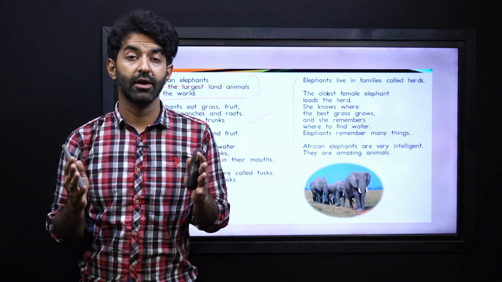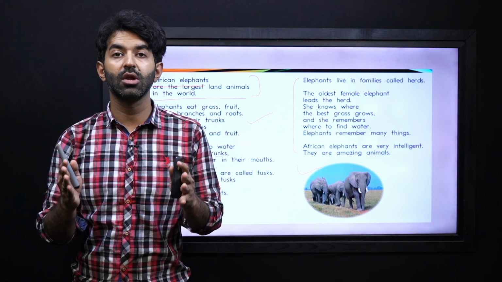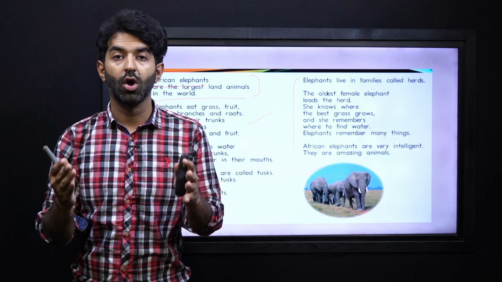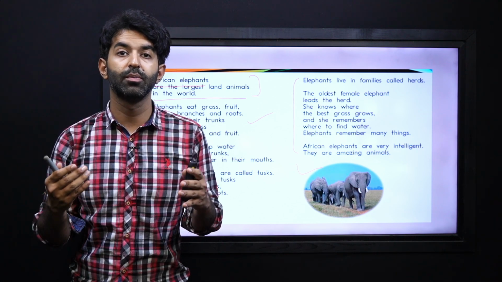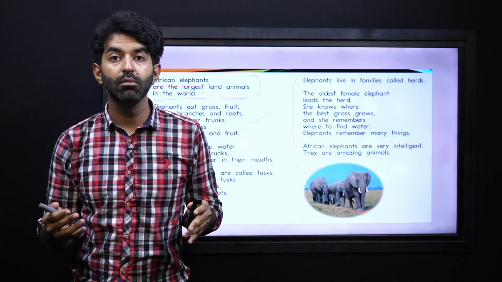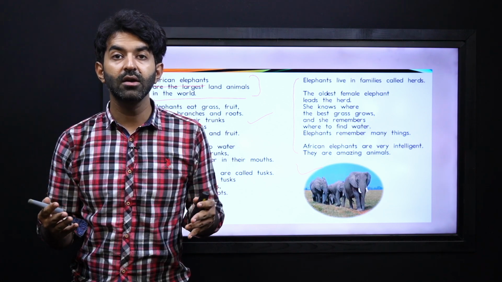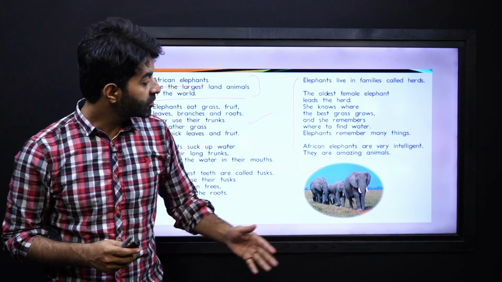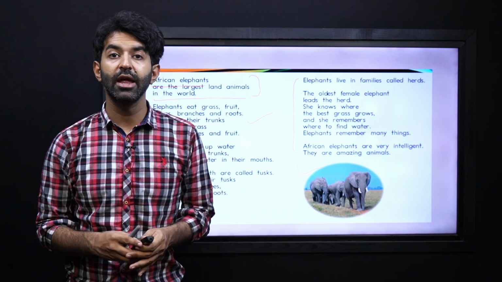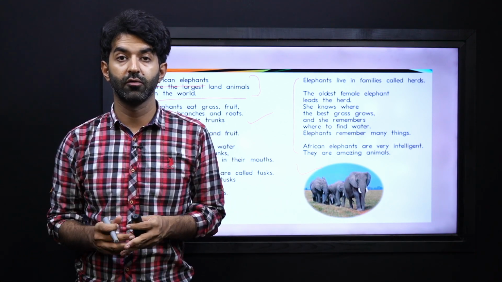So this is an information report where you have information about a specific topic or subject. It could be about a place, an animal, a person, an event, etc. And you can also see a picture over here. It means you can add pictures in your information reports.